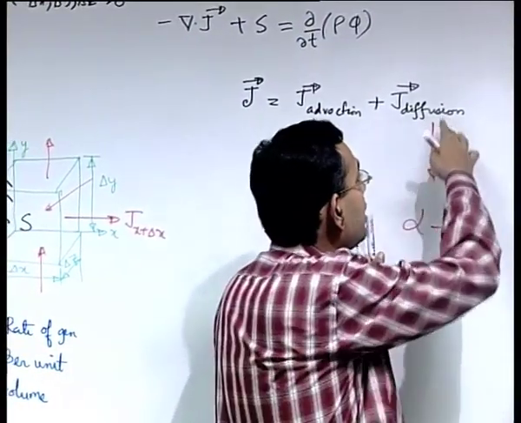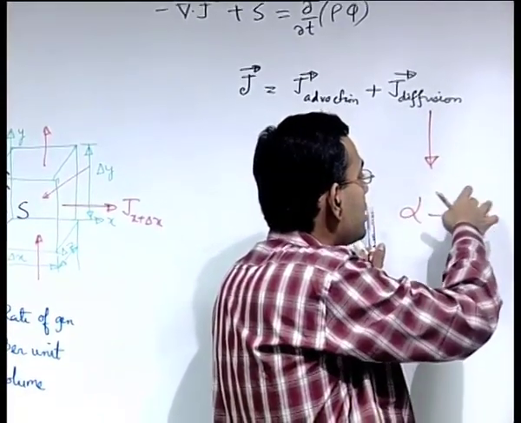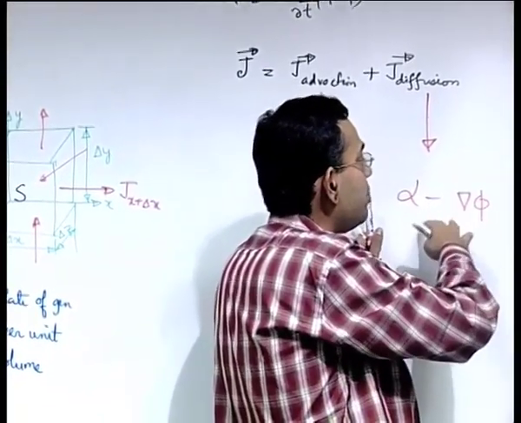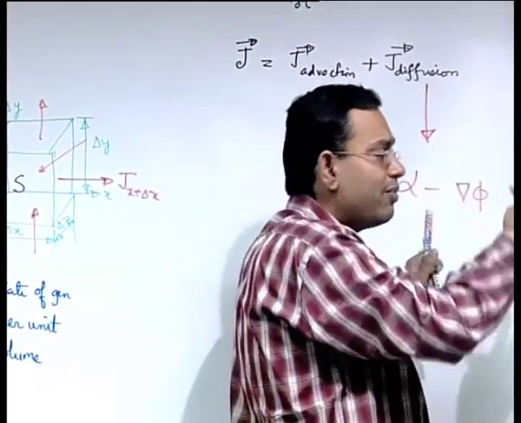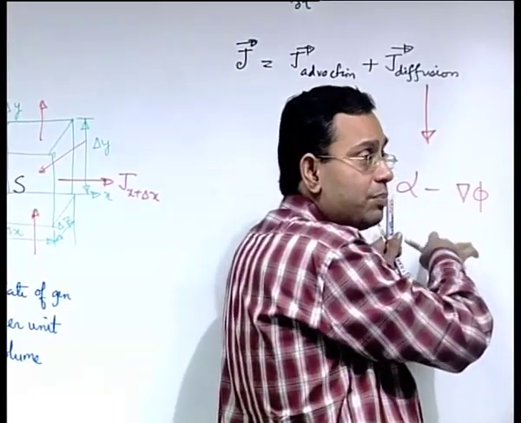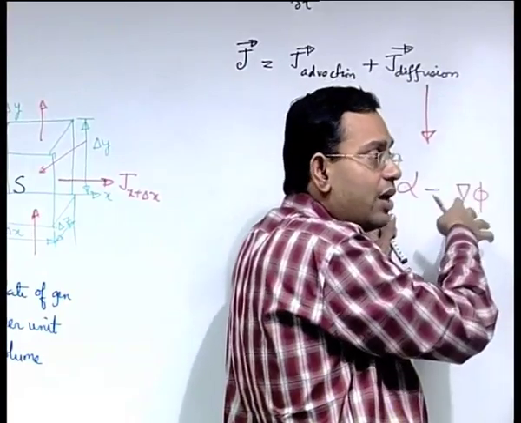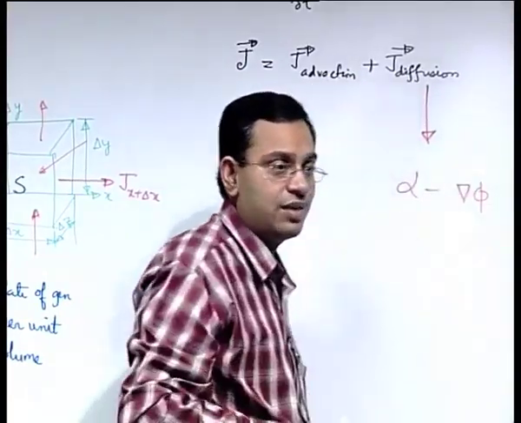So, we are considering diffusion as a mechanism where the constitutive relationship is following this type of behavior. If it is a different type of behavior, we can express it mathematically, but because this is the most common behavior, we are giving this as the generic example.